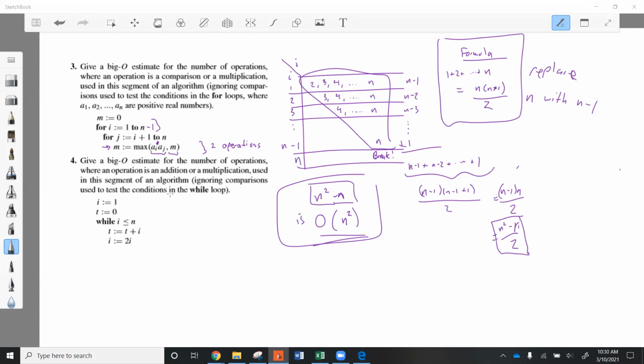These are the values of j, right? So adding up how many there are: there's n minus 1 of them in the first row and n minus 2 in the second row, and so on until you get down to 1 in the last row. So you're counting how many times you're going to go through the loop.